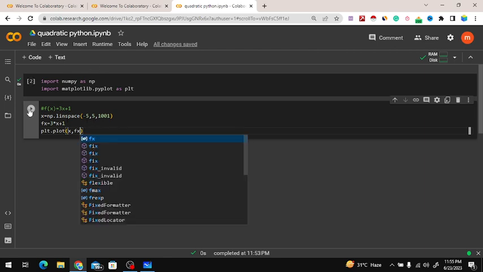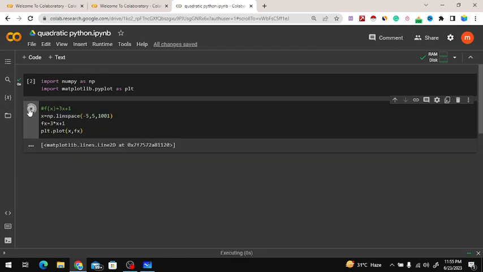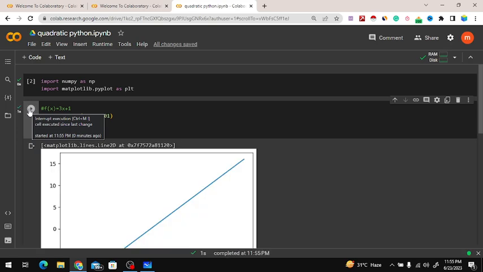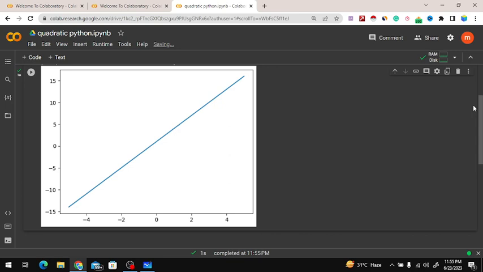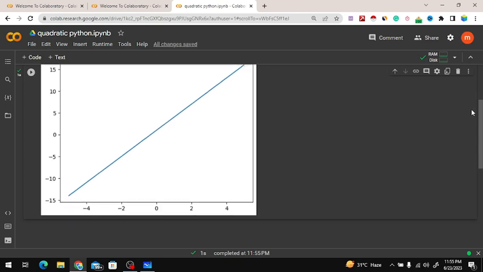So let's see here what happened. We can see the plot looks like this. It's above the x-axis, below the 0 it's a line here, and it's above the 0 here, and the line will start like -4, -2, and 0, 2, and this one.